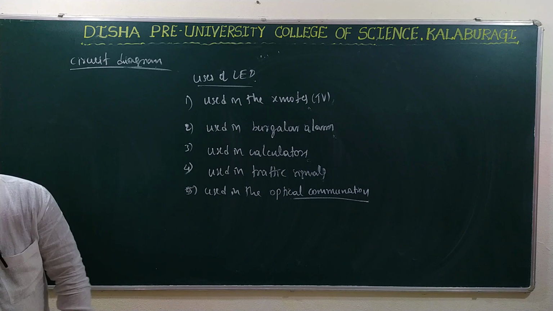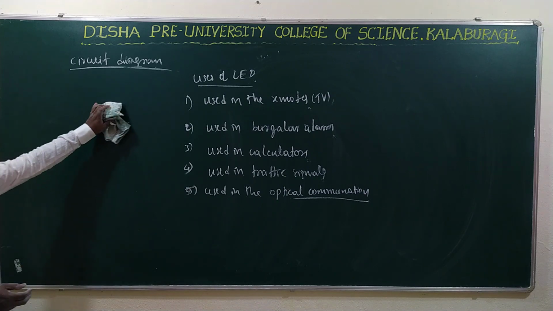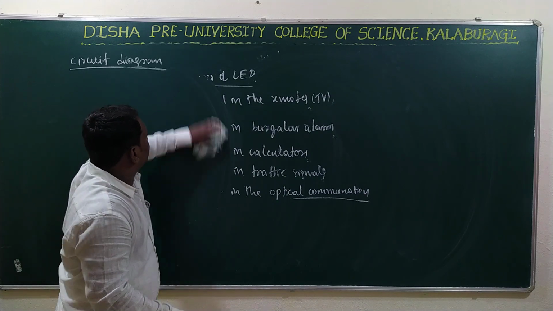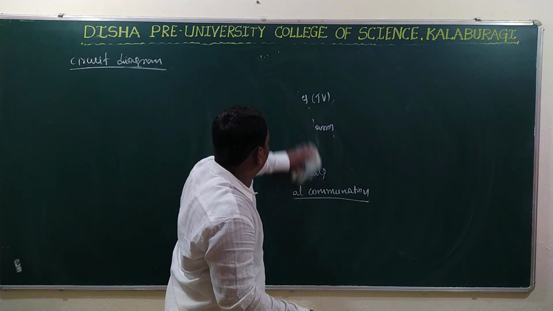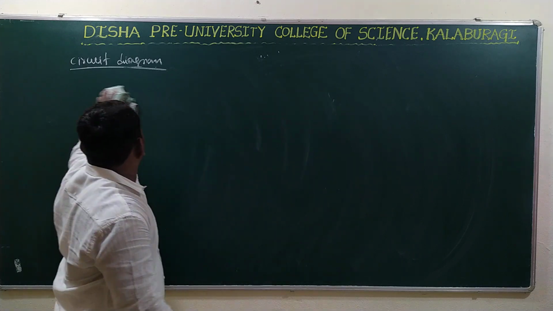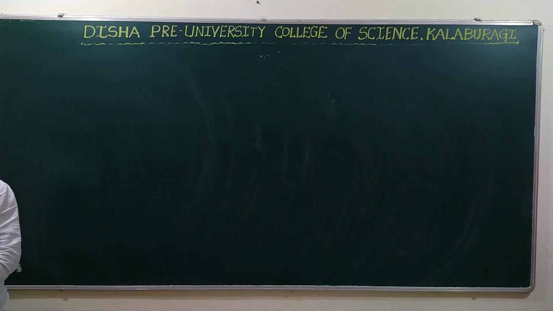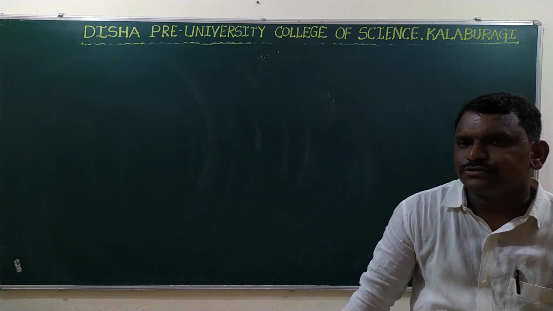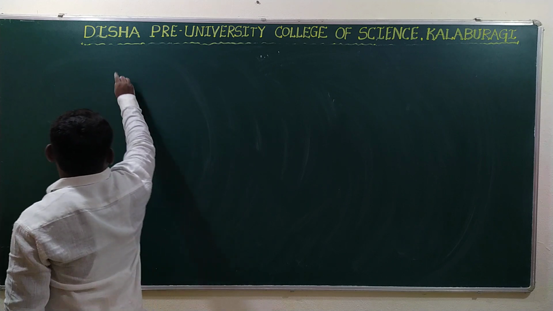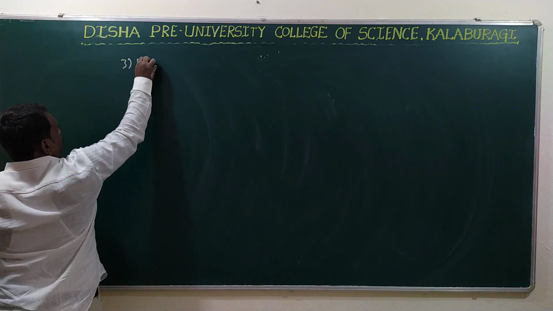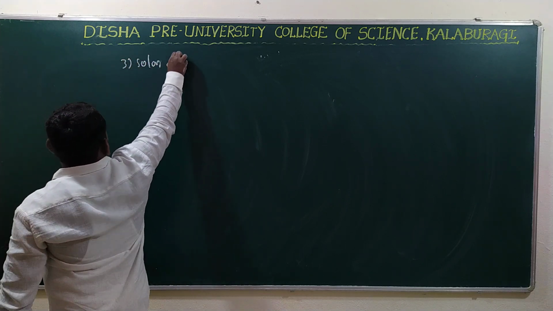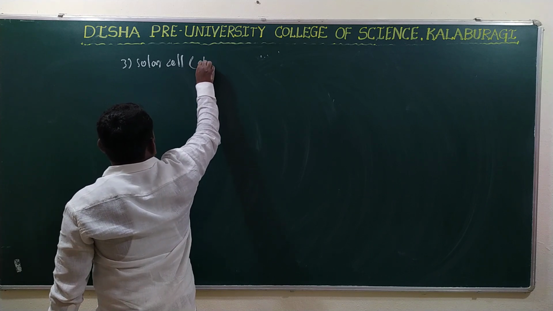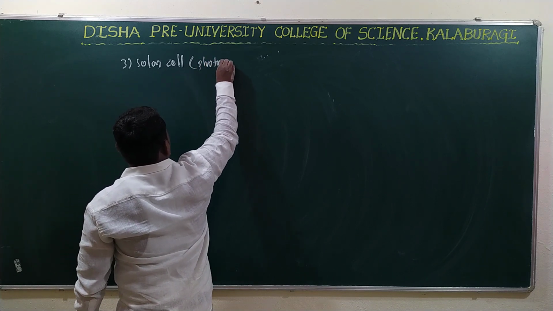Okay, next, the last type of photoelectronic junction device. The last one is the solar cell, also known as a photovoltaic cell.